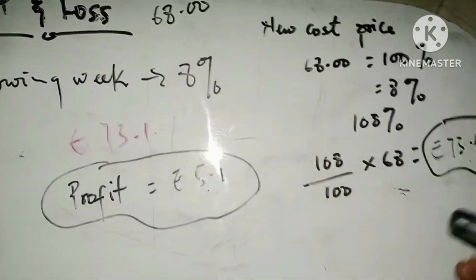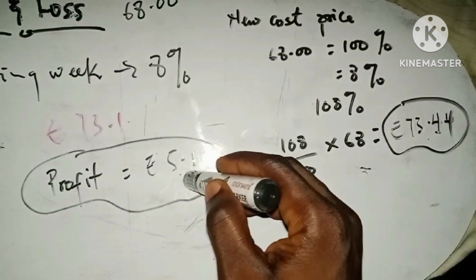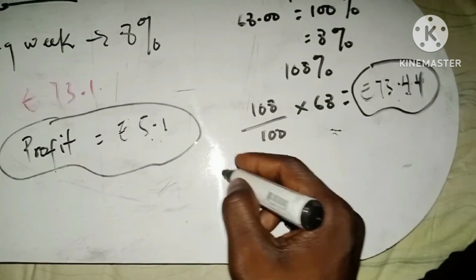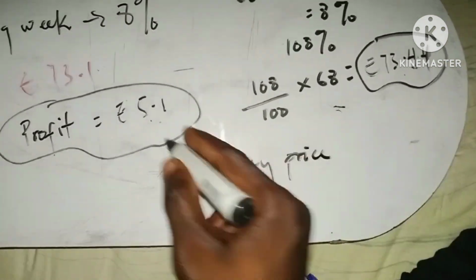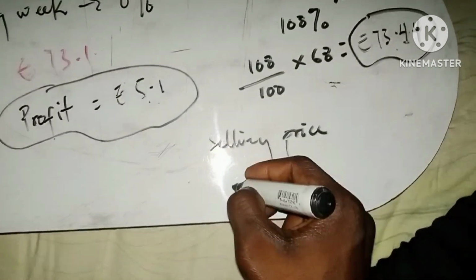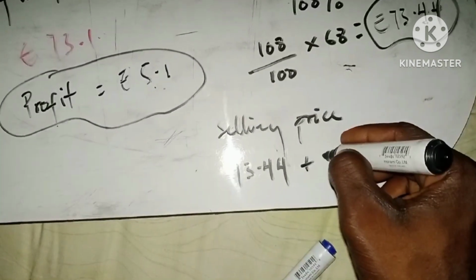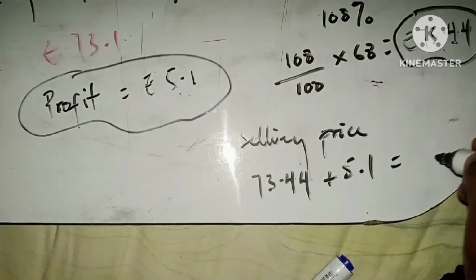We need to figure out how much we are going to sell this for. Our new selling price is just going to be the 73.44 plus our profit, since we need our profit to be constant. This is the amount that we can sell it at, right?